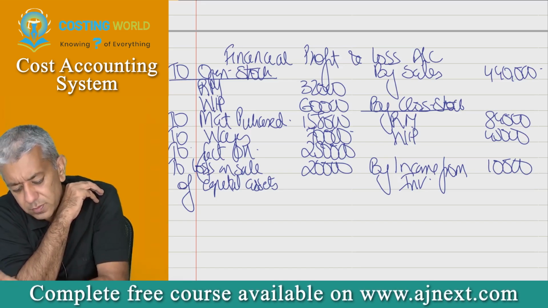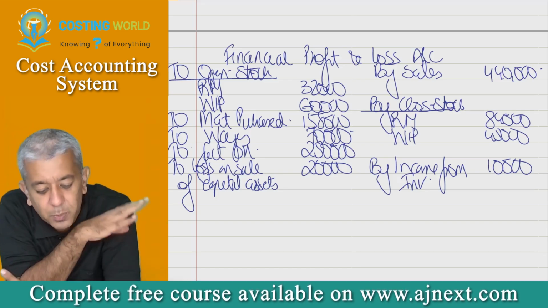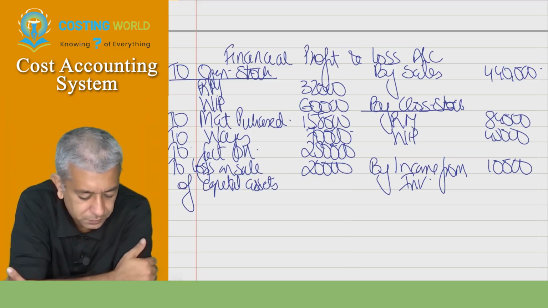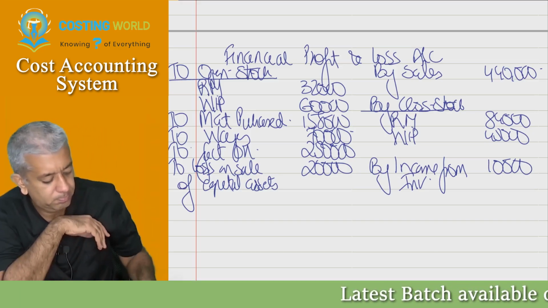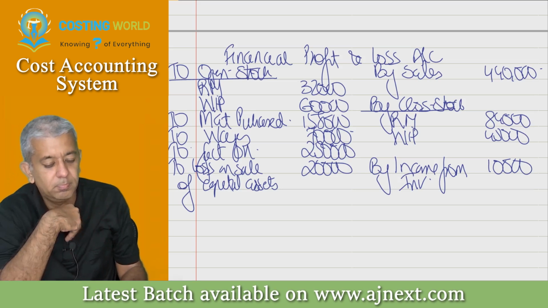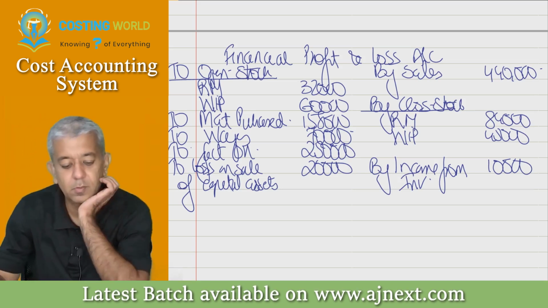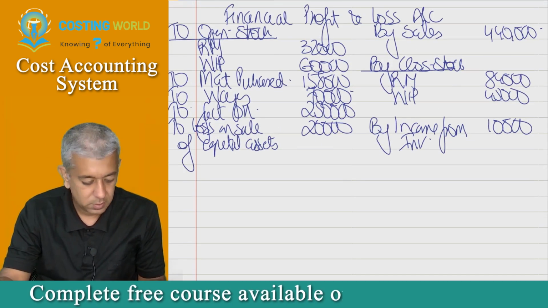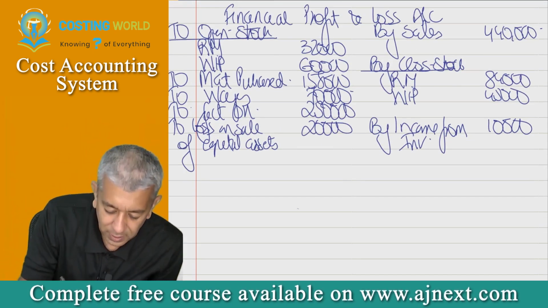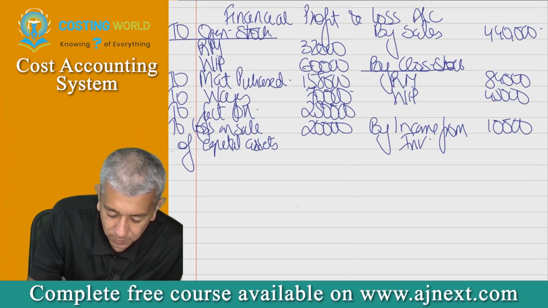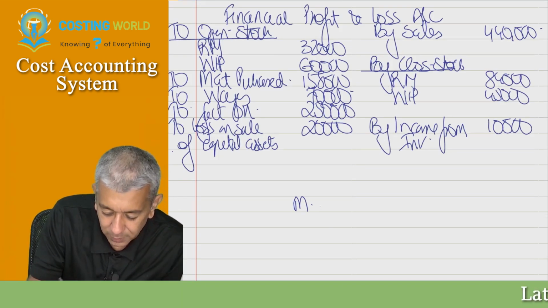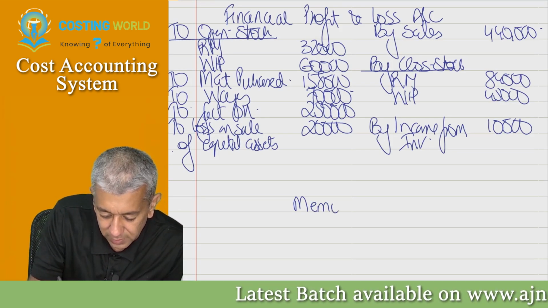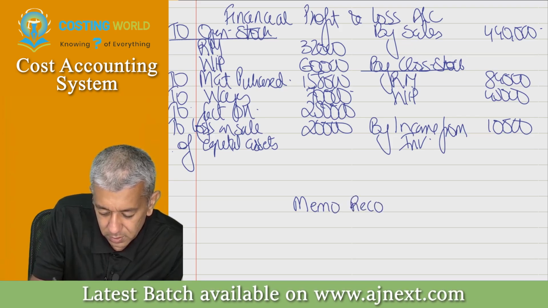Copy down this, please. Get me the profit or loss. Call that net profit or net loss, please. I'm trying to prepare a memorandum reconciliation account, but in the end we will try to prepare a statement also. This is just for time pass that I will be preparing.